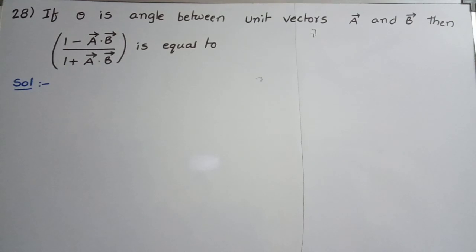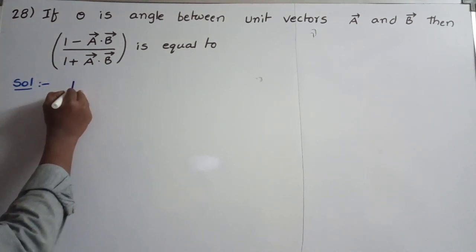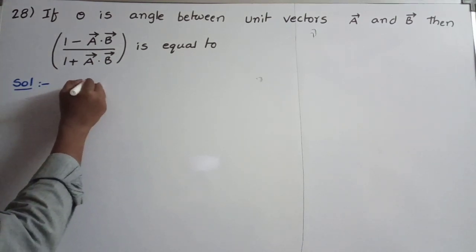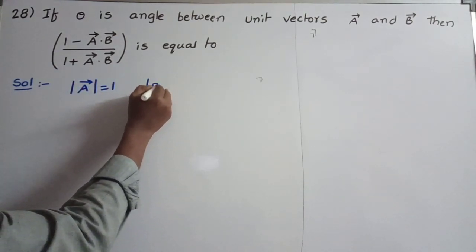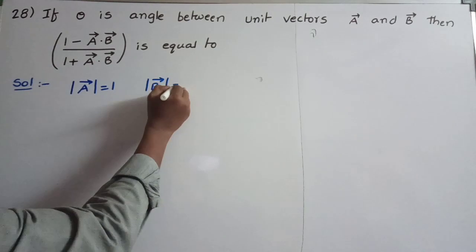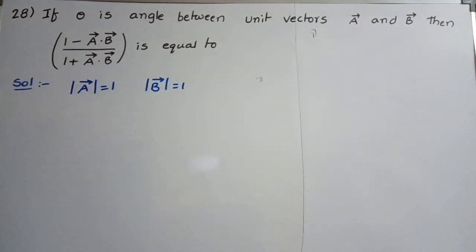Problem number 28. If theta is the angle between unit vectors a bar and b bar, then 1 minus a bar dot b bar by 1 plus a bar dot b bar is equal to. According to the problem, given that magnitude of a bar is equal to 1 unit, magnitude of b bar is also equal to 1 unit, because a bar and b bar are unit vectors.